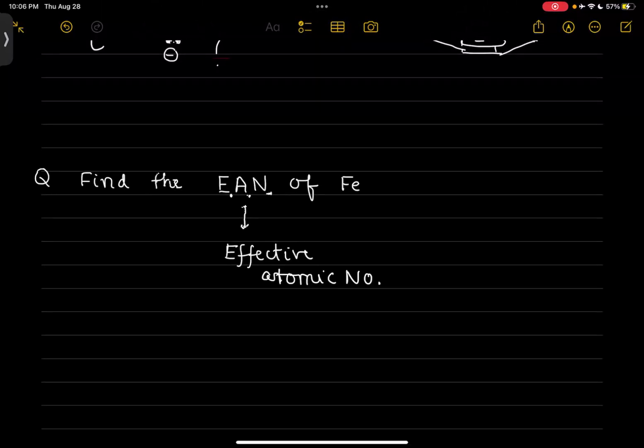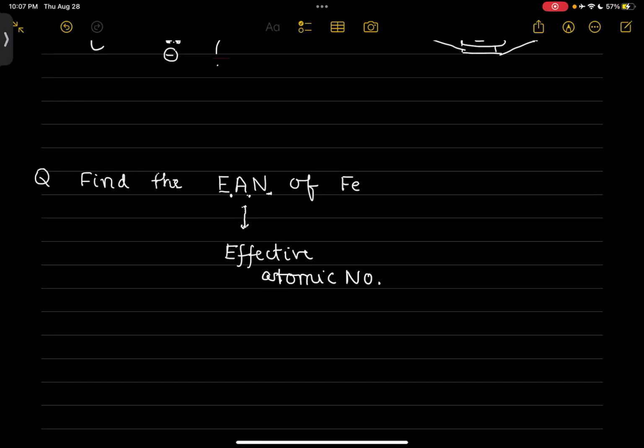Why does it try to form complex with the ligand? Such that its total electron count becomes equal to that of the noble gas. Are you getting my point or not? It is just like the octet rule.